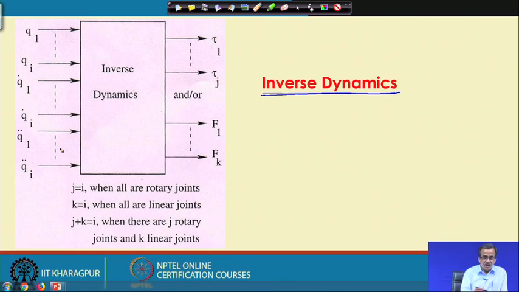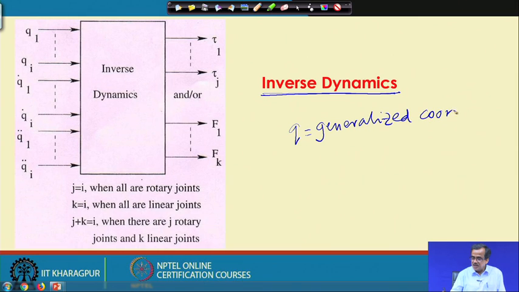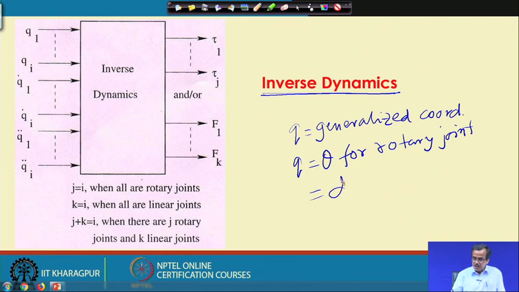Now, this particular q actually represents the generalized coordinate, and for a rotary joint, this q is nothing but theta, and this is equal to d for the linear joint.